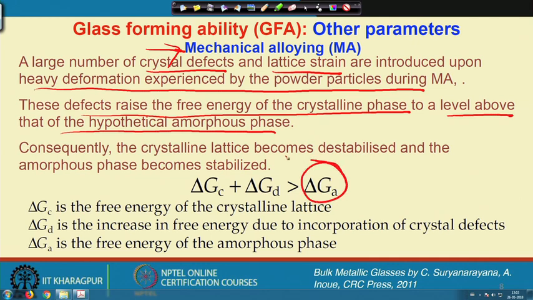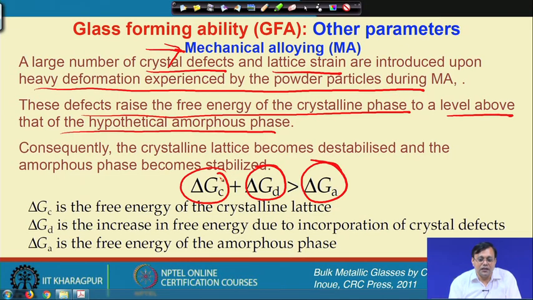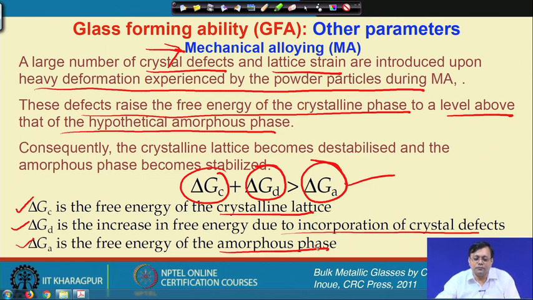So, the amorphous phase becomes stable when the summation of the free energy of the crystal and the defect is higher than that of the amorphous phase. Here G c corresponds to the crystalline lattice, G d is the free energy due to defects, and G a is the amorphous phase. If that amorphous phase shows some glass transition, we definitely call it a glassy material or glassy alloy.